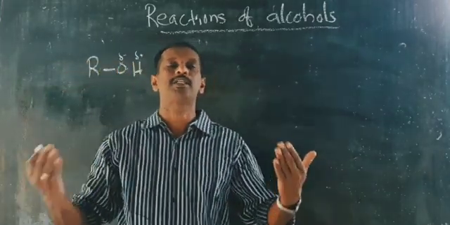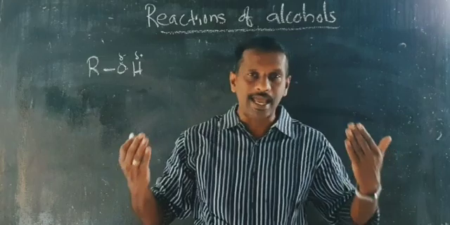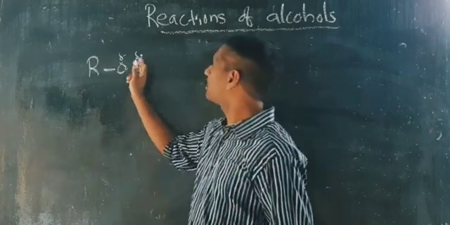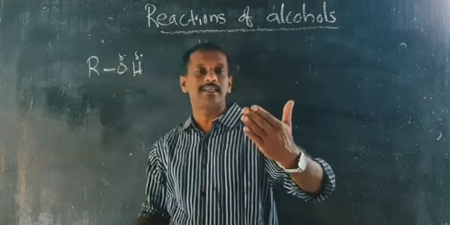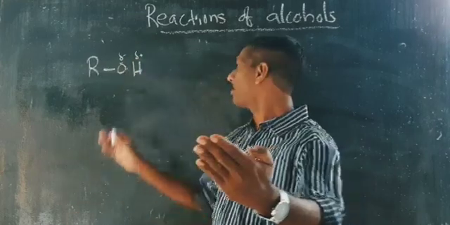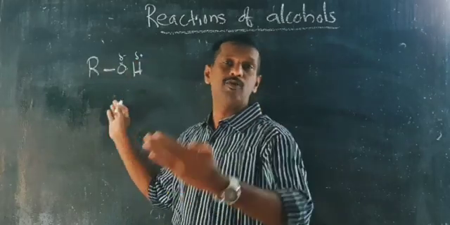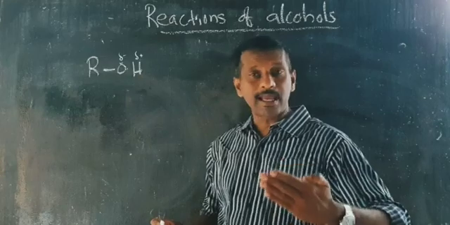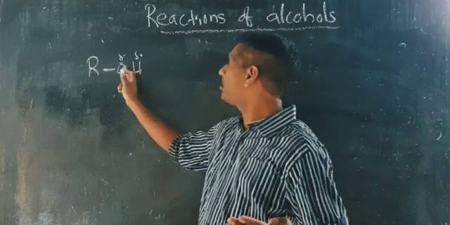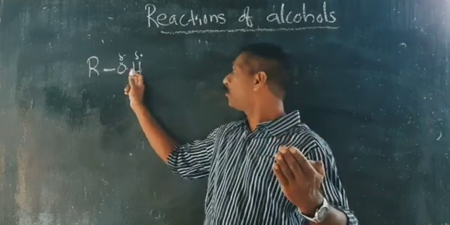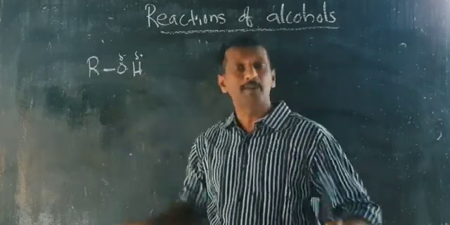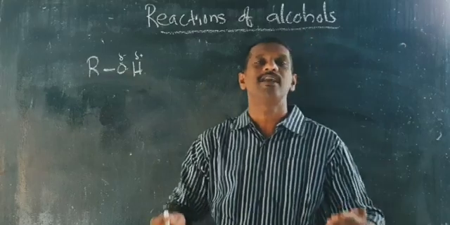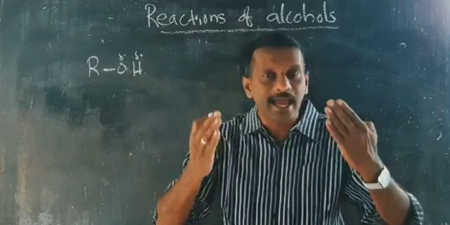Any species which can produce H plus ion can act as an acid. Due to the polarity of the OH bond, there is a possibility of producing H plus ions or protons. That is the reason why alcohol can act as an acid.